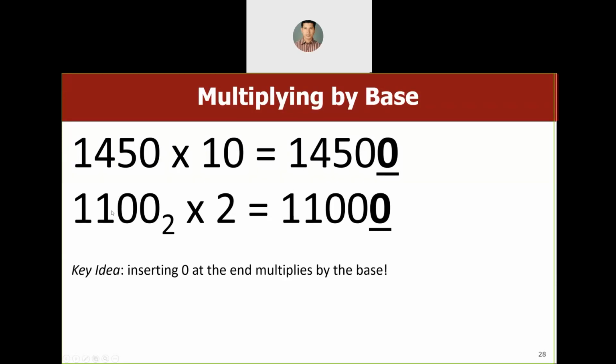Whenever we have a binary number and multiply by 2, we just add one more 0, like in decimal 1450 into 10 is 14,500, like here 1100 into 2 is 11000. If it is just 100, 100 into 2 is 1000; 100 is 4, 1000 is 8. So the key idea is: inserting 0 at the end multiplies by the base.